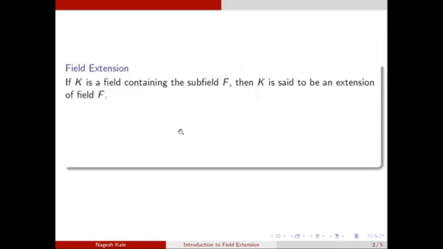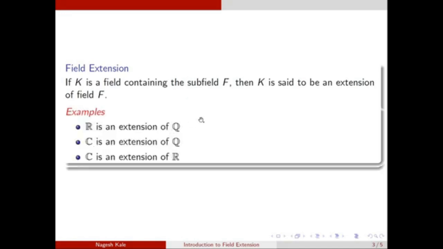After this, let me move to the definition of field extension. Suppose K and F are two fields such that K is a field larger than F, or I can say that K is a field containing F as a subfield. Then I can say that K is an extension of field F. So let me focus on some examples here.